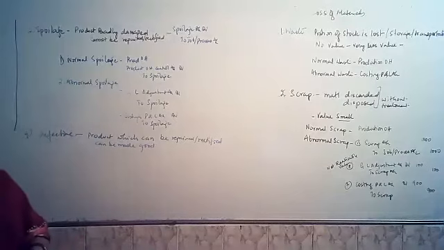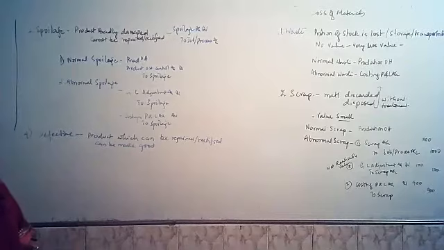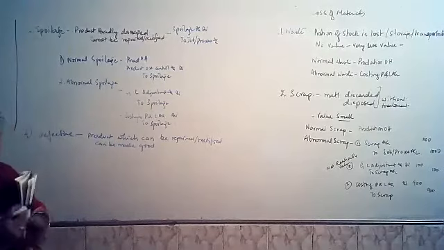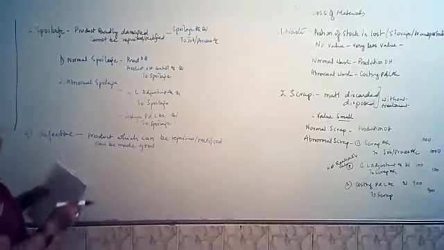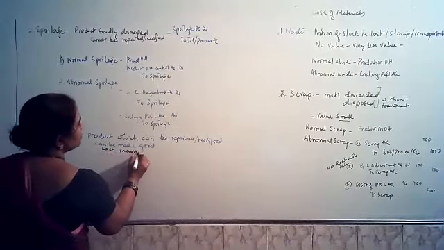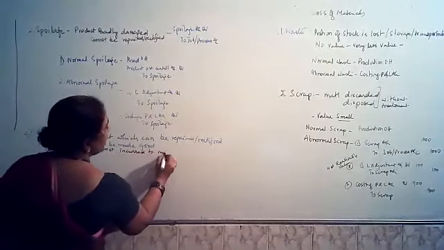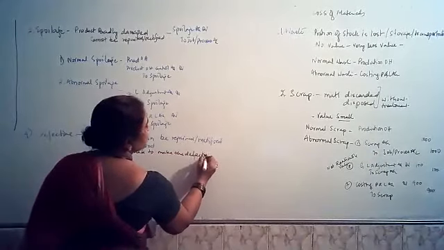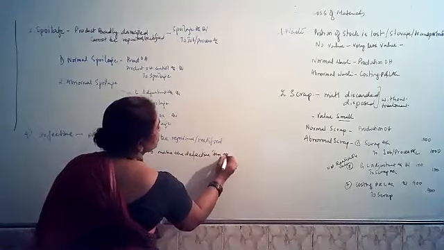To make it good, you have to spend some money. Extra money has to be spent with respect to a defective item, so some cost is incurred to make the defective item good.